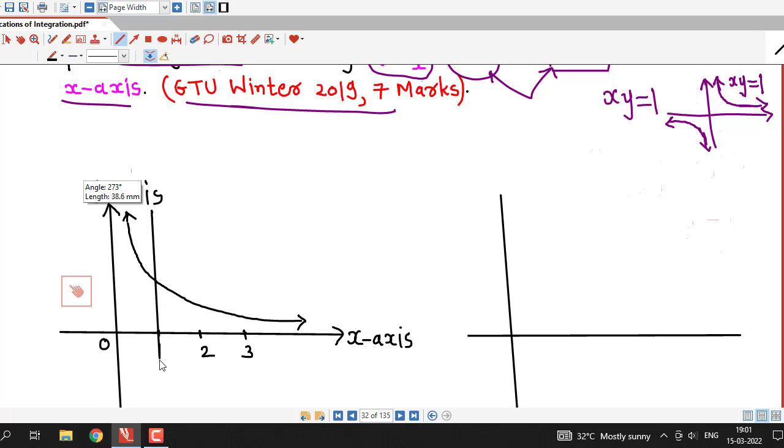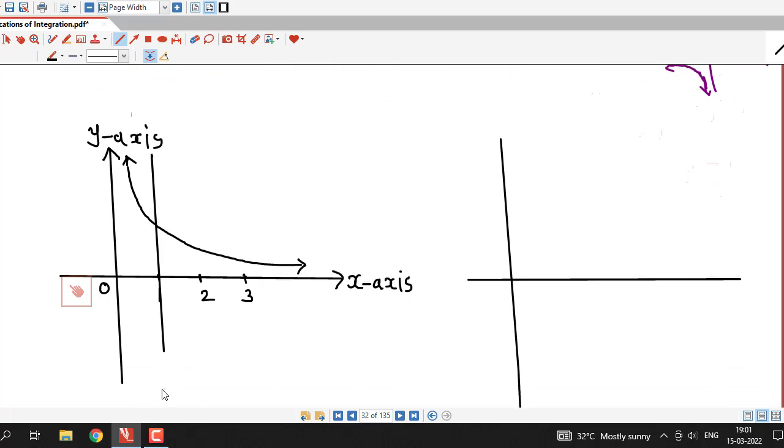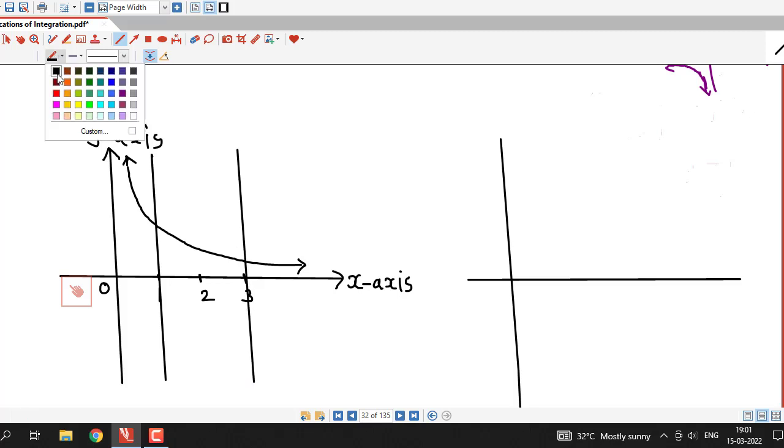X equal to 1 is the line parallel to y-axis passing through this point, and x equal to 3 is the line passing through this point and parallel to y-axis.